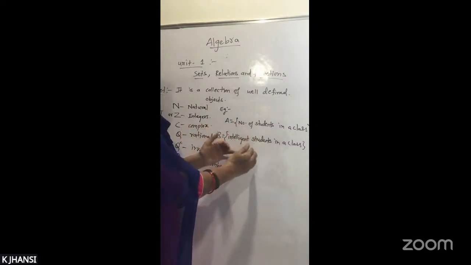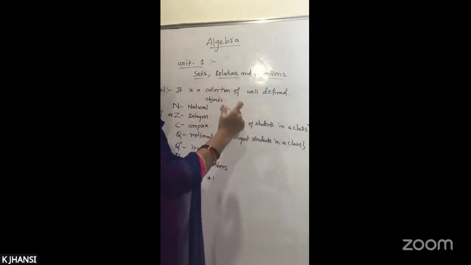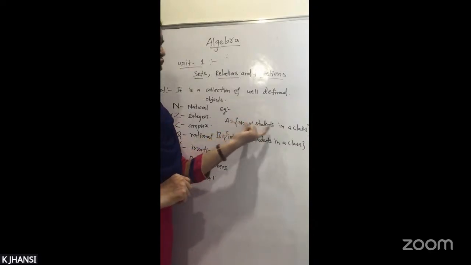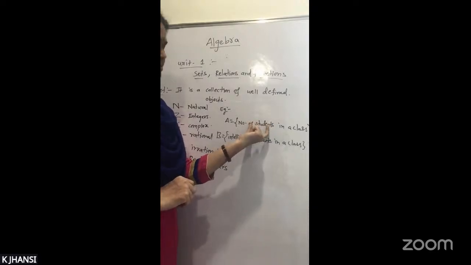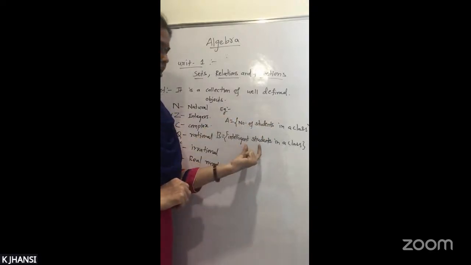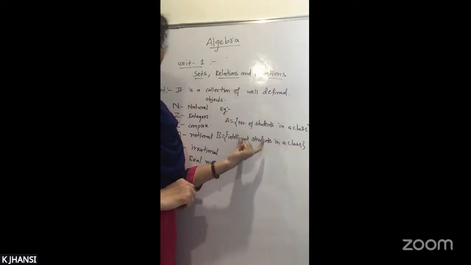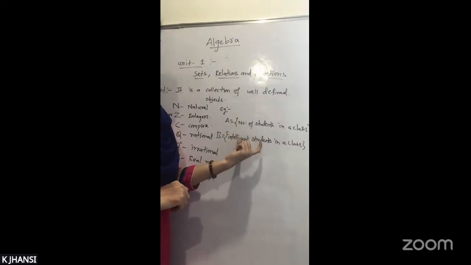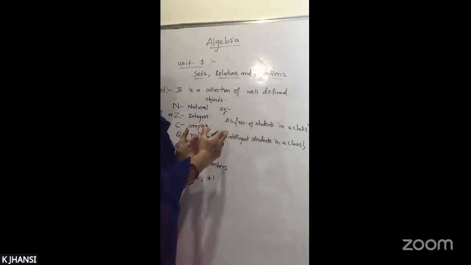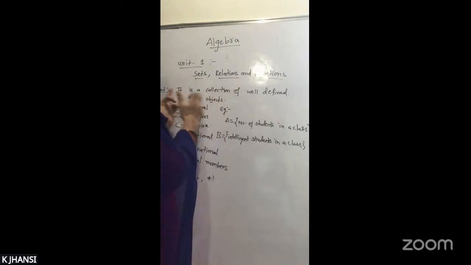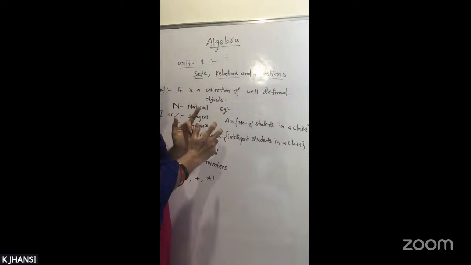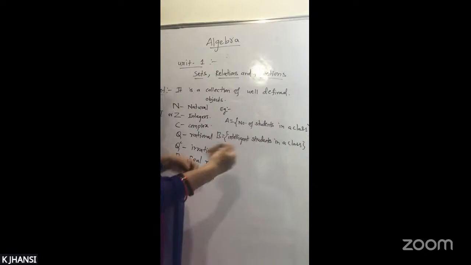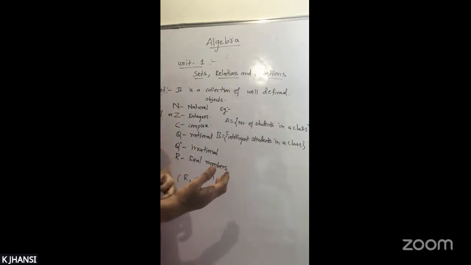A set must compulsorily have a definition, that is, well-defined objects. So what is written here for A is correct, and A is the set. For B, we can't find it directly by seeing the students, so we can't understand it. Therefore, B is not a set. By this definition, a set means a collection of well-defined objects, and if you write the numbers, we call them elements.